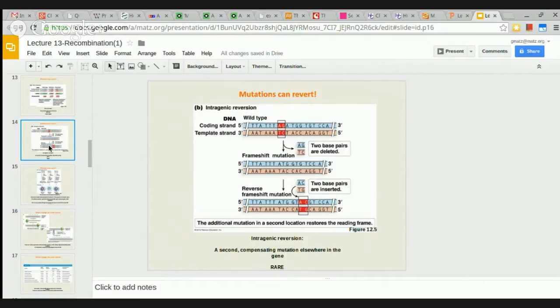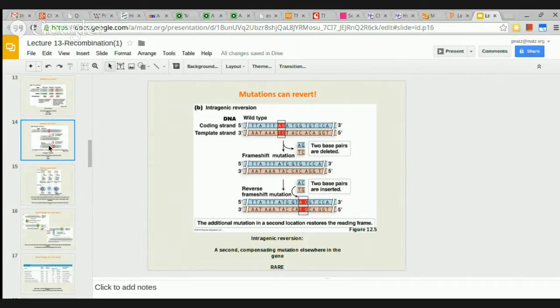Well, what if you were to change, for example, a neutral glycine to a glutamate, introducing another negative charge? That might allow for protein function, at least some of it, not necessarily back to 100%. It might compensate for the initial mutation. So you have an intragenic reversion event that will allow the protein to function again, without converting back to wild type.